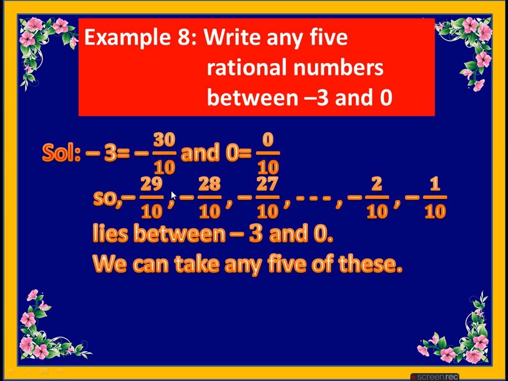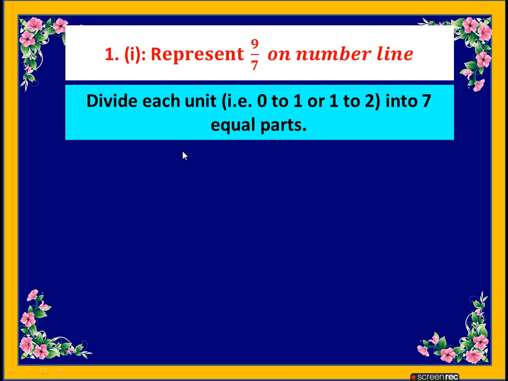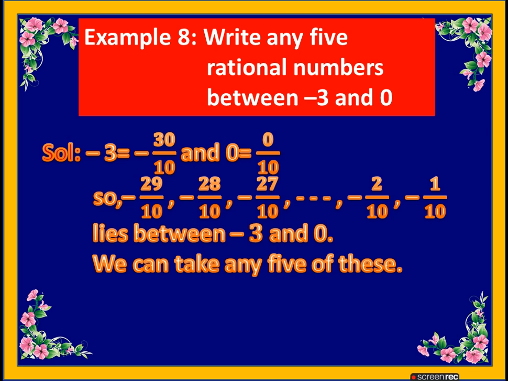Between -30 by 10 and 0 by 10, so many numbers are there: -29 by 10, -28 by 10, -27 by 10, and so on, -2 by 10, -1 by 10, and next is 0 by 10. Among these you can write any 5 numbers.